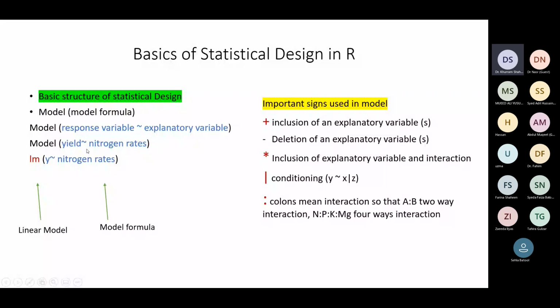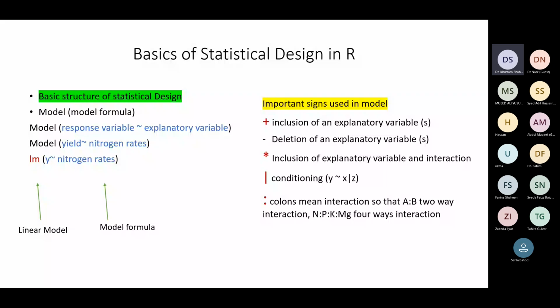And we can also exclude or delete an explanatory variable with the minus sign. If we want interactions, then we use an asterisk between the independent variables, nitrogen rate asterisk variety. Then this will show you the interactions between the two factors, and whether the interaction is significant or non-significant.